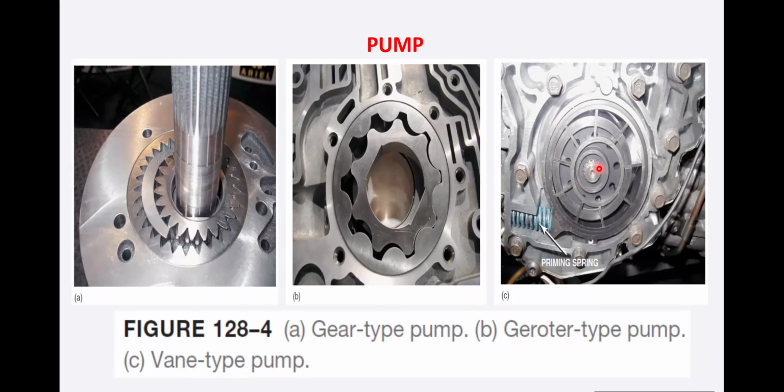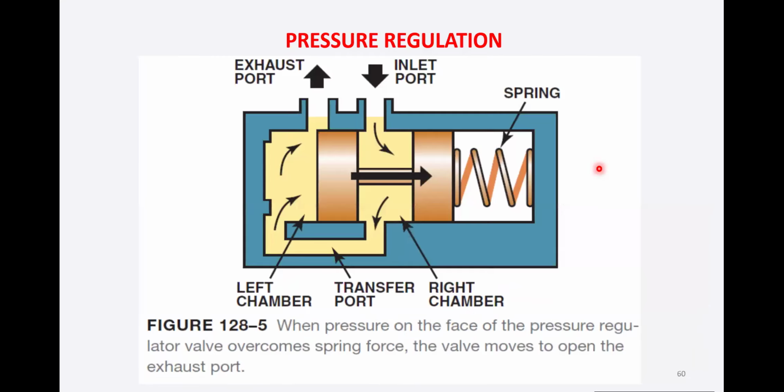Depending upon the pressure which we require in this system, we use different types of these pumps. Now, from the pumps, we have the pressure regulating. Let's see, your pump is generating a pressure which is coming from this inlet port, to this pressure regulator, and the fluid is accumulating in this portion.